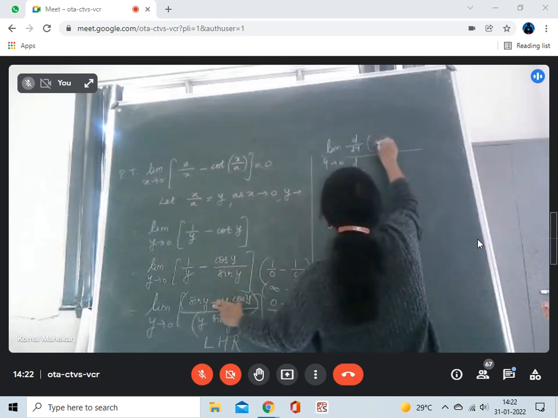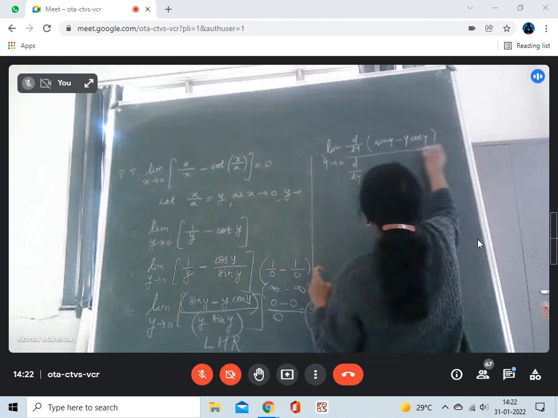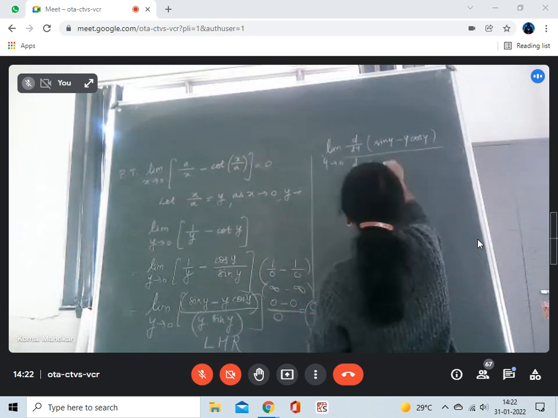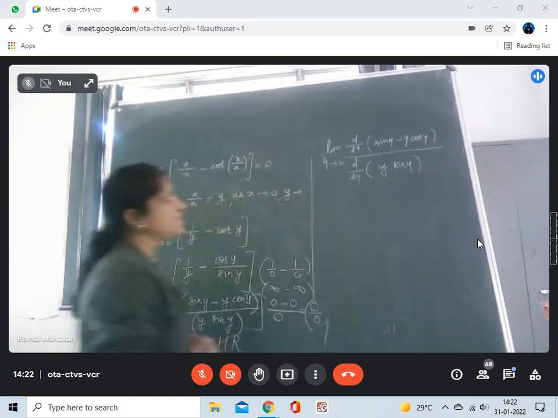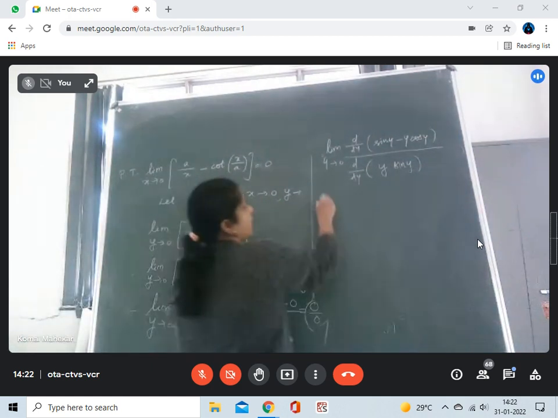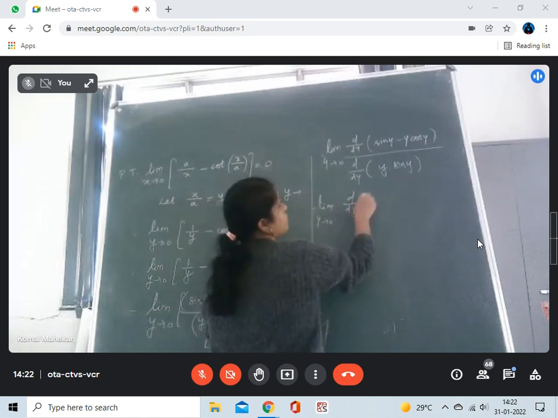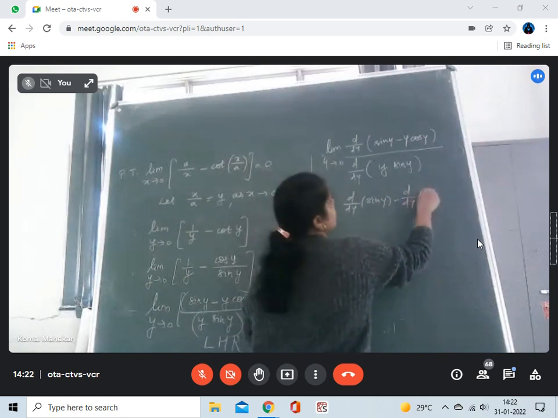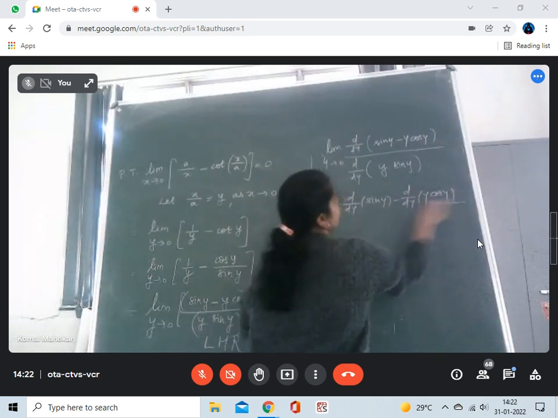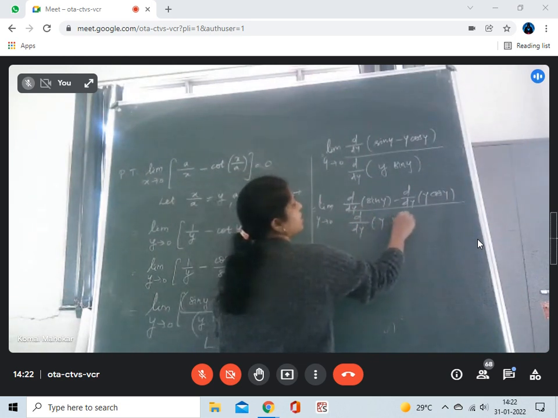This is the derivative of sin y minus y into cos y divided by d by dy of y into sin y. So this is limit y tends to 0, d by dy of sin y minus d by dy of y into cos y, divided by d by dy of y into sin y.